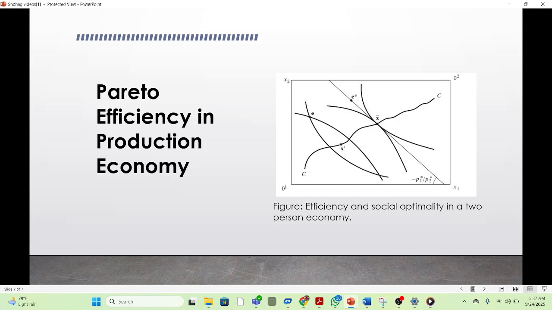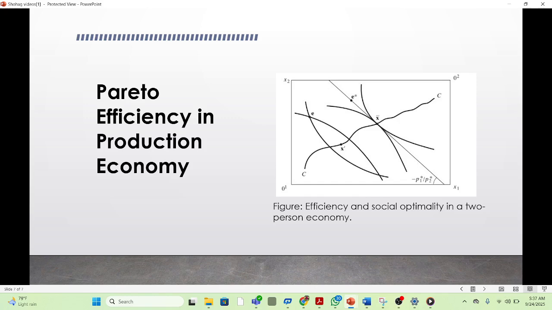It means one extra unit of labor can replace two units of capital while keeping output the same. In a Pareto efficient allocation of resources, it is impossible to make someone better off without making someone else worse off.